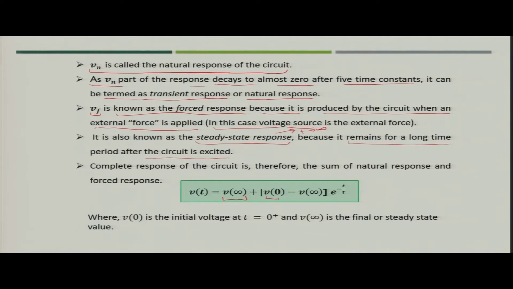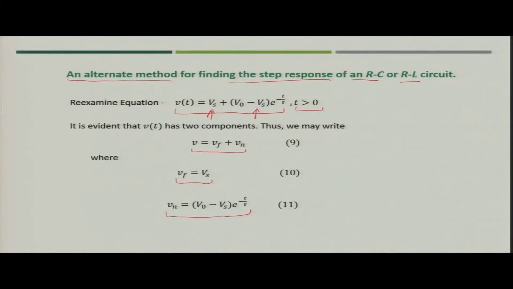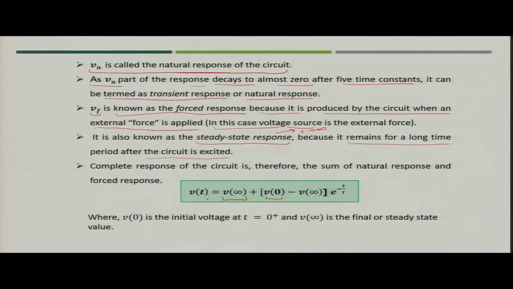Similarly, what is V naught? V naught is the value of the voltage across the capacitor at time t equal to 0 minus, or simply V at 0. So, this equation can be equivalently represented as V(t) is V infinity plus (V at 0 minus V at infinity) times e to the power minus t by tau.